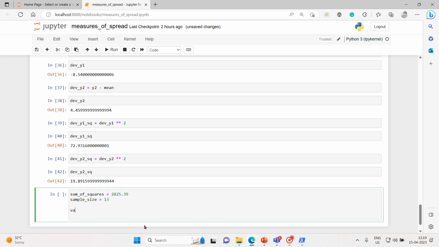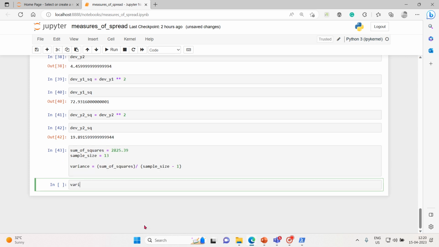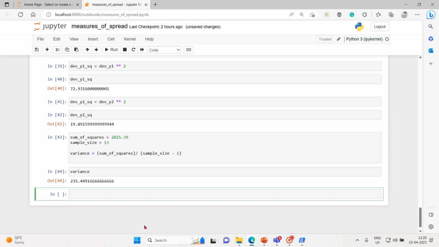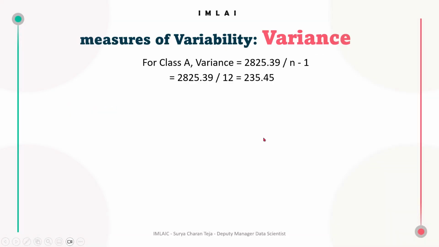So variance is equal to the sum of squares divided by sample size minus 1. That's our variance: 235.44.